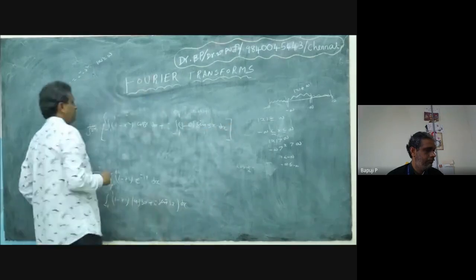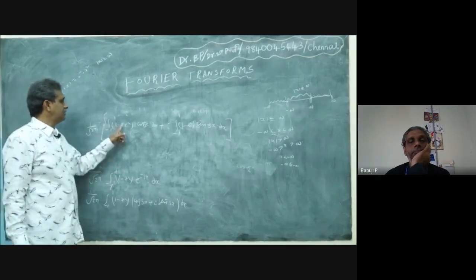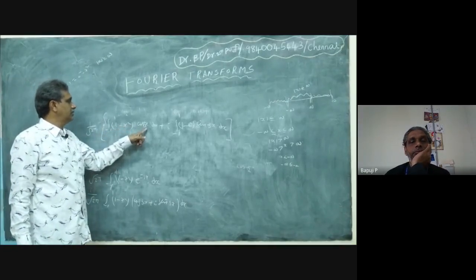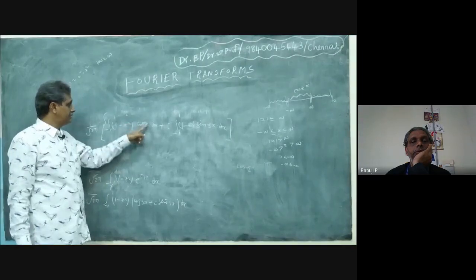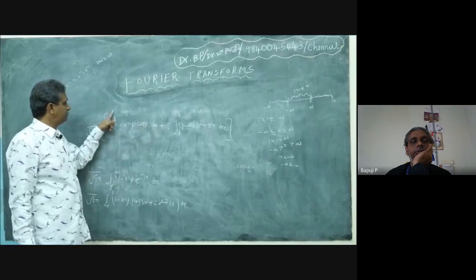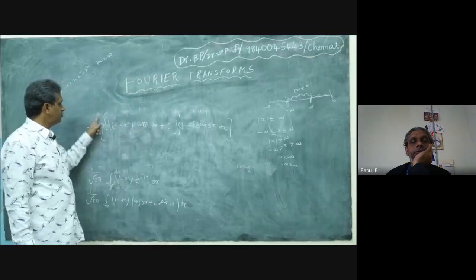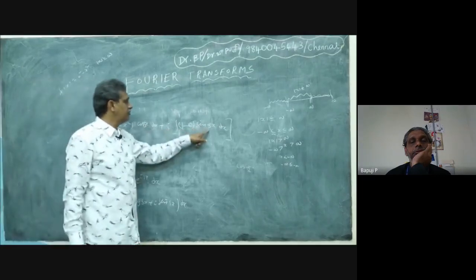See this expression, 1 minus x square into cos sx is an even function of x, with respect to x. So my limit running from minus 1 to 1, this is even, so I can write 2 times integral from 0 to 1. This other one is an odd function of x. How do you test even and odd?